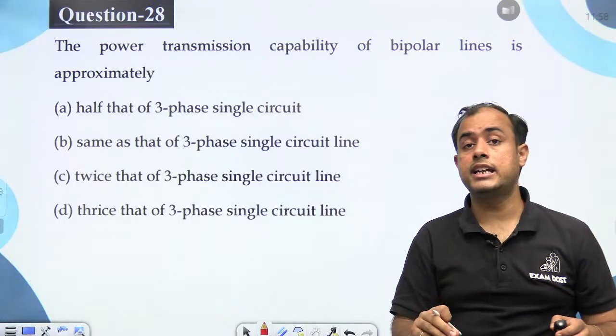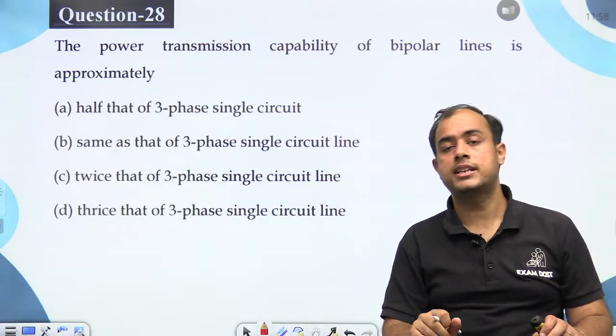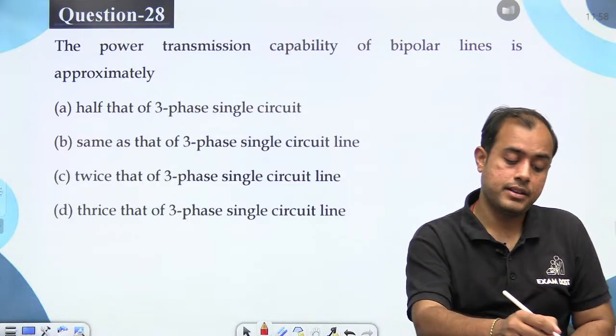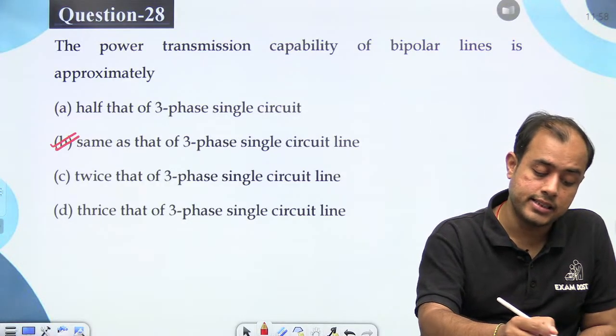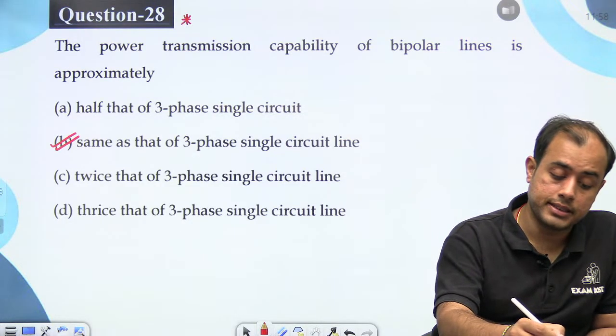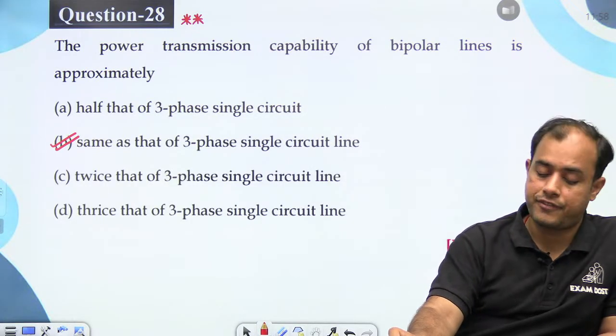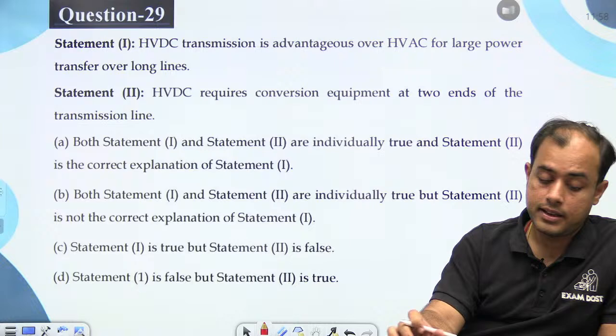Now, ESE 2014, power transmission capability of bipolar line is approximately same as 3-phase single circuit. Remember this. HVDC bipolar rating is same as 3-phase single circuit line.